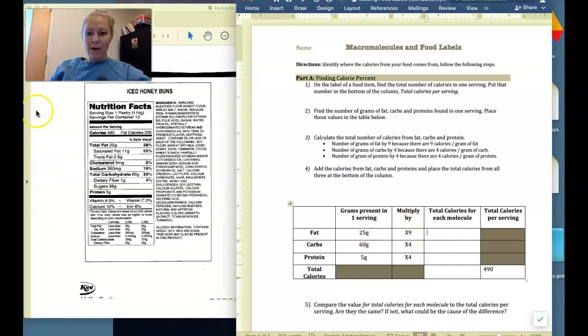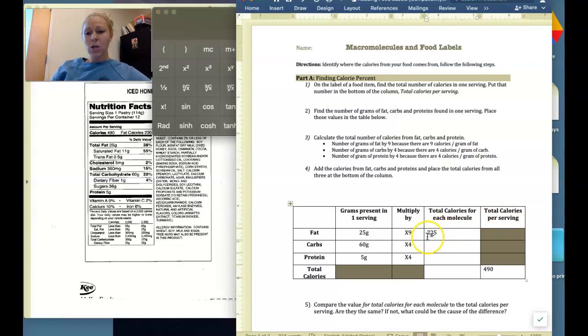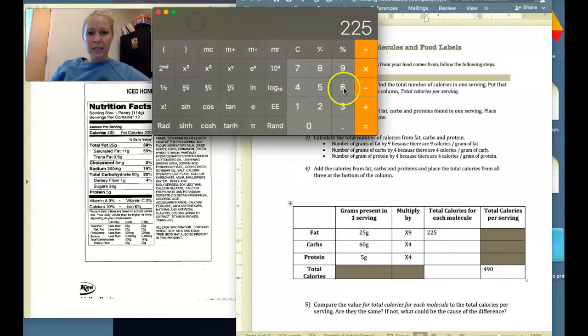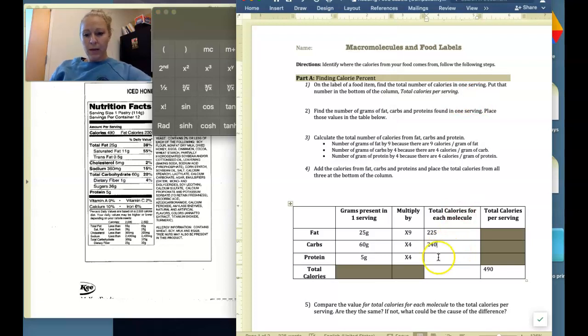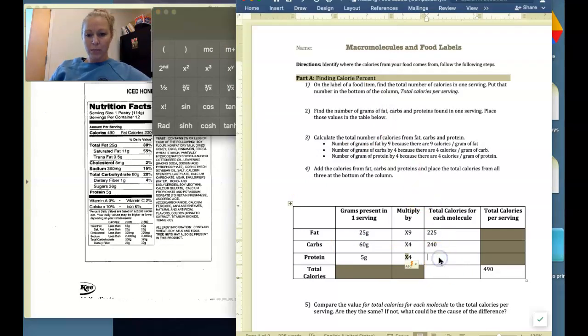If we do that math out, let's grab our little calculator. 25 times 9 gives us 225, so 225 of our 490 calories come from fat. Let's do our carbs. 60 times 4 is 240, and 5 times 4 gives us 20 calories.